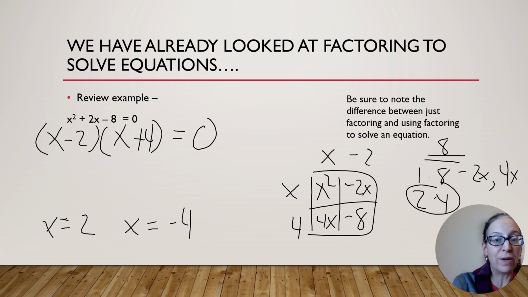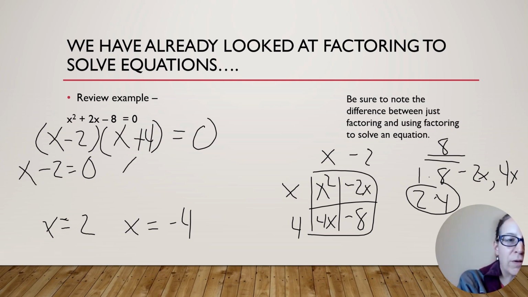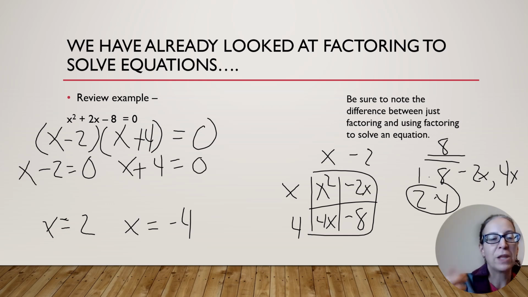If you're not comfortable doing that, here's what we did. We know that either the first factor could be 0, so it could be 0 times the x plus 4, or the 0 could be the other factor: x minus 2 times 0. Both of those would work, and we do need to catch both of them.